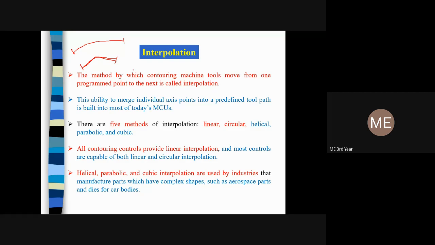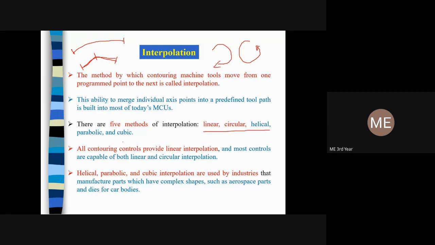On that basis we have two types of interpolation. One is linear interpolation, when the tool moves linearly, and G01 is the code. If it moves circularly, it may be clockwise, then G02 is the code, or counterclockwise, then G03 is the code. So this is the main thing.